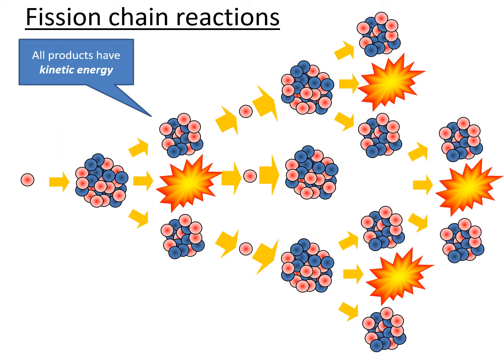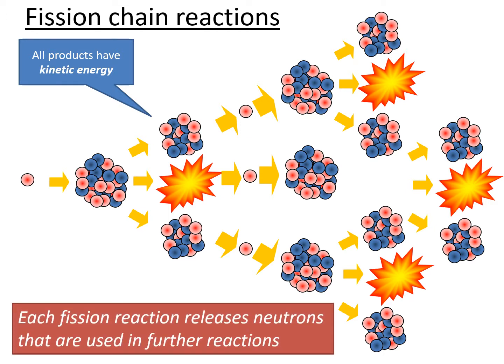and lots more energy. So we are essentially breaking nuclear bonds that are holding nuclei together, and this is releasing energy. Now, if this happens over and over again in an uncontrolled fashion, you have an atomic bomb. But if you can control how quickly these neutrons are moving or what happens to them, then you can slow the reaction down.